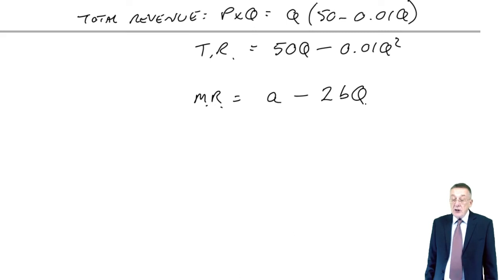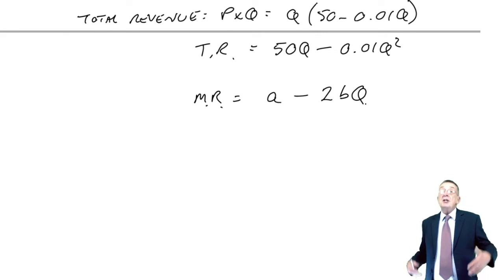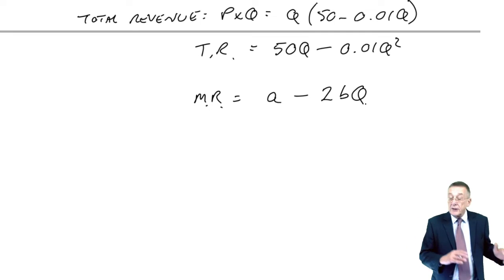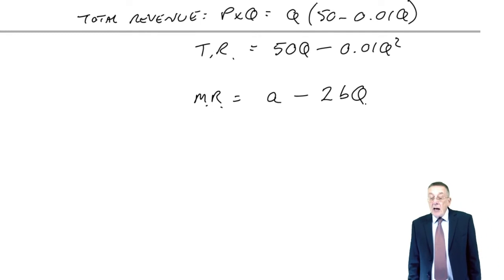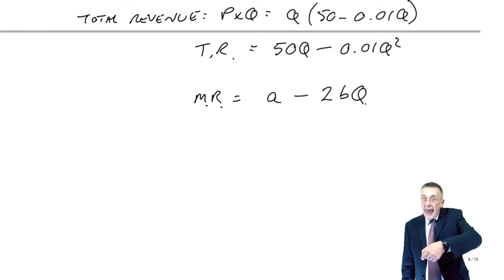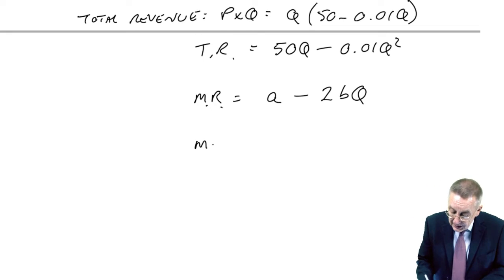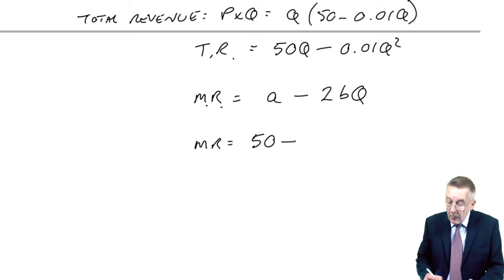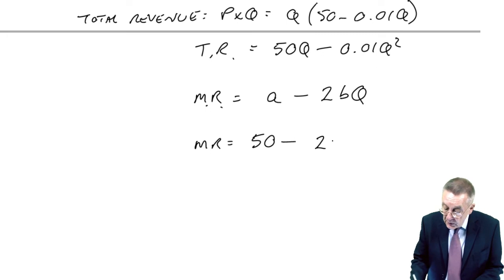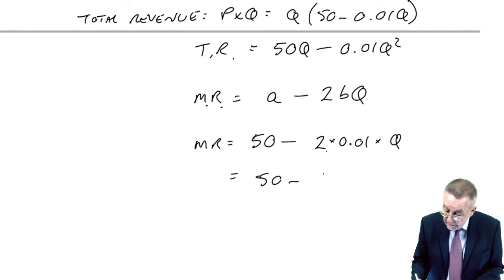Now, I'm not going to talk through differentiation, how we would arrive at that. If you've done differentiation, you'll know. If you haven't, it's irrelevant. You're wasting time. But that's the equation for the marginal revenue. And A and B are the same A and B that were in the price-demand equation. So the marginal revenue, what was A for this question? It was 50 minus 2 times B, which for this question was 0.01Q, or 50 minus 0.02Q.